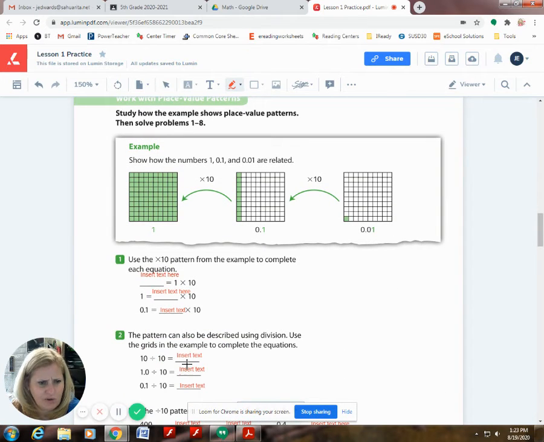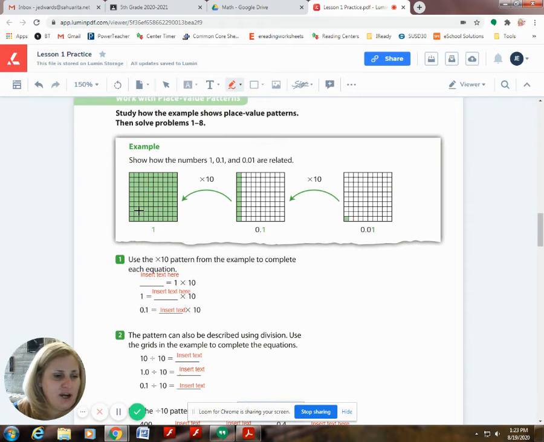So now what your job is going to be is to go back to this idea of, remember that every number is 10 times away. Like here, looking at this example, this is 1 whole, which is 10 times 1/10, which is 10 times 1/100th.